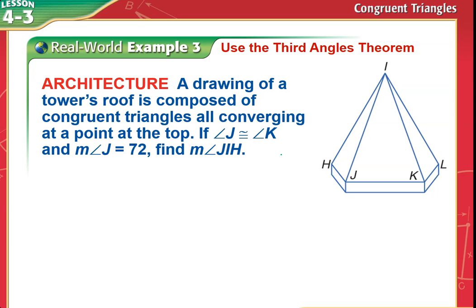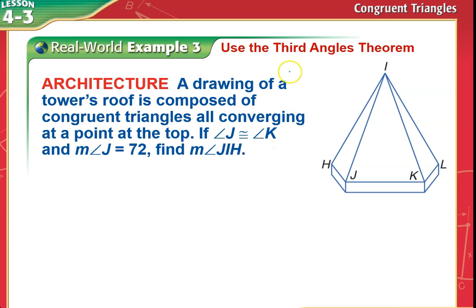So use the third angle theorem. Okay, a drawing of a tower's roof is composed of congruent triangles, all converging at a point at the top. If angle J is congruent to angle K, and the measurement of angle J is 72, we're going to find JIH.